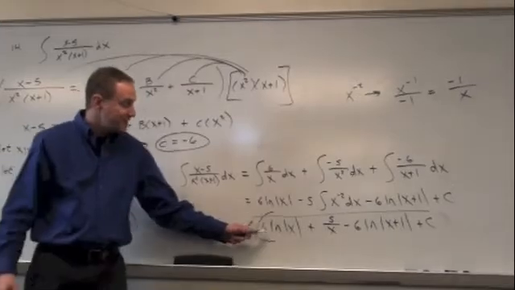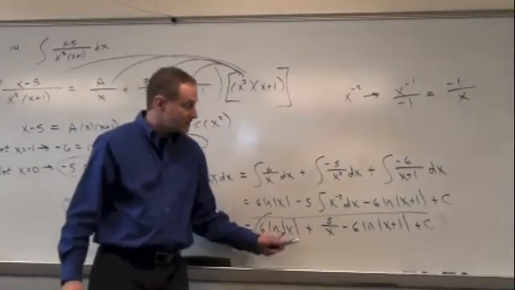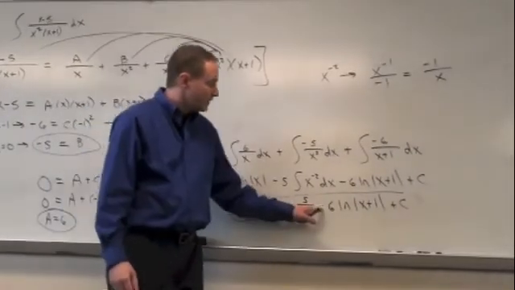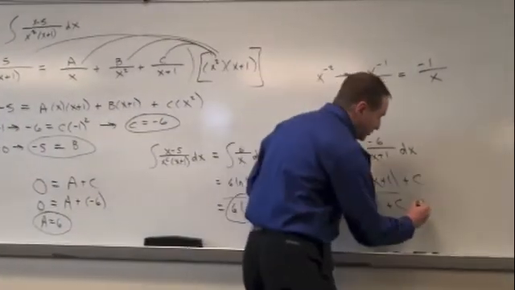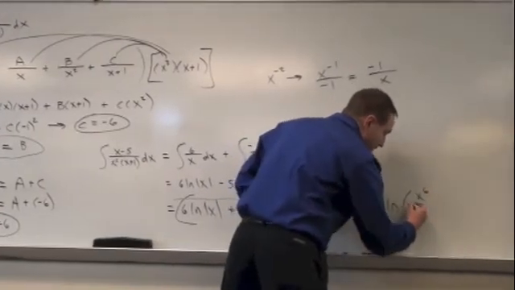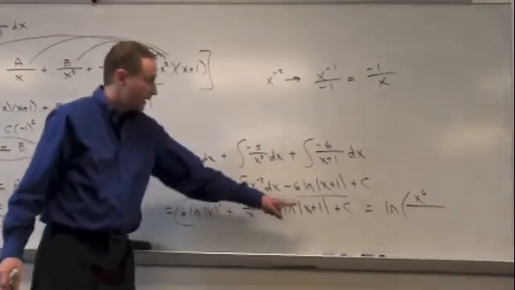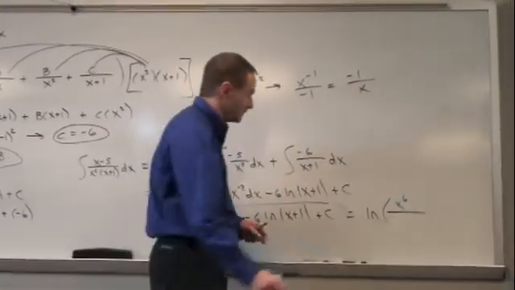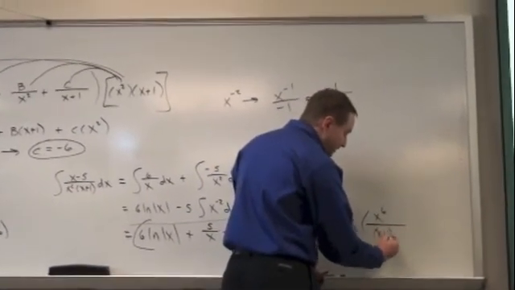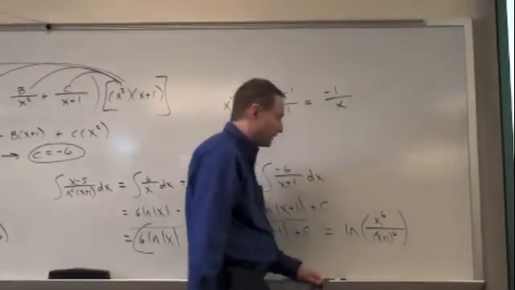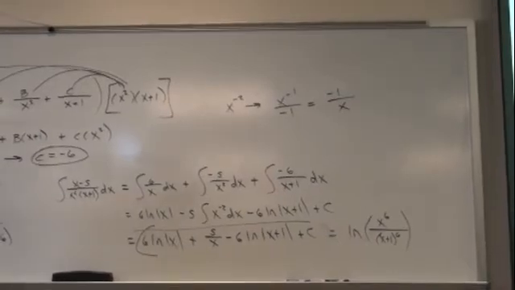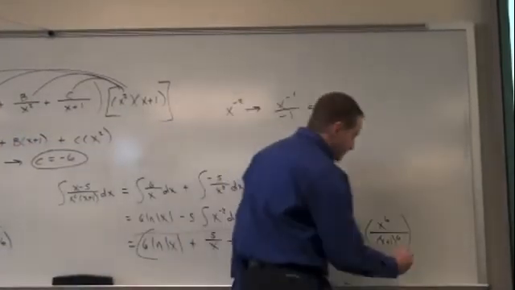So this is the natural log of x to the 6th over x plus 1 to the 6th. And then I don't even need the absolute value anymore because anything to the 6th power is automatically positive anyway. So it's just the natural log of x to the 6th over x plus 1 to the 6th, plus 5 over x, plus c. I'm glad you asked.